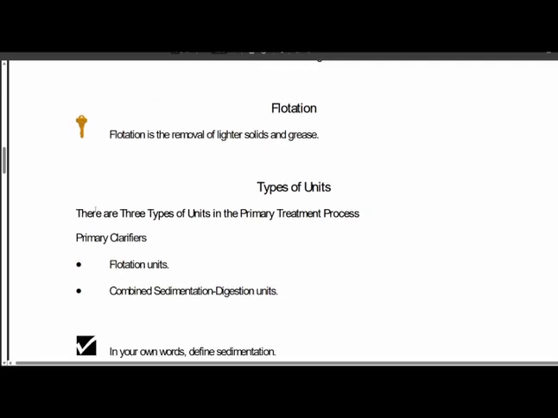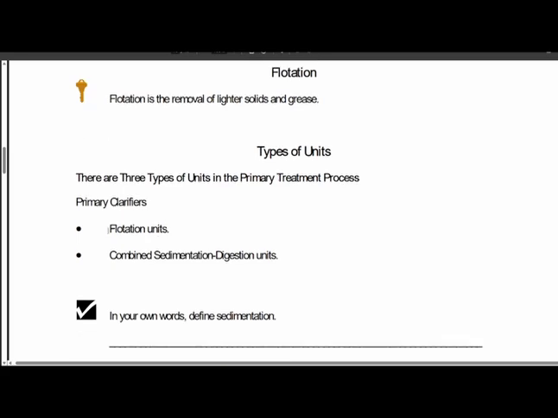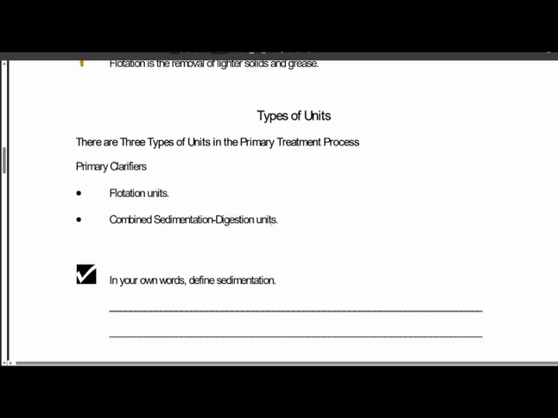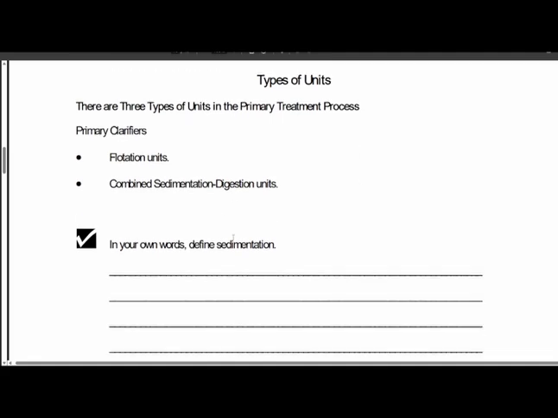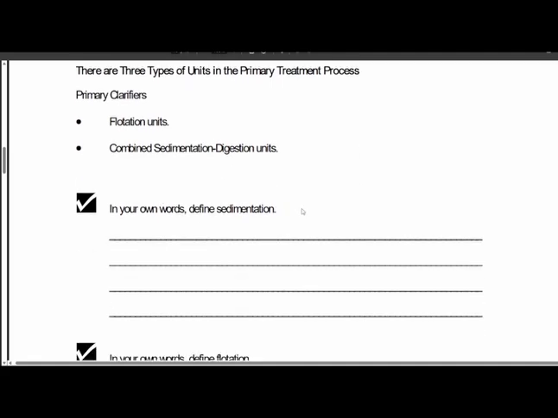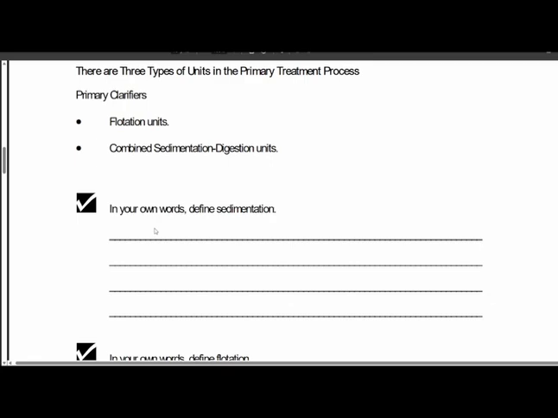Types of units. There are three types of units in the primary treatment process. Primary clarifiers, the flotation units, and combined sedimentation-digestion units. In your own words, define sedimentation. I would say sedimentation is the stuff that sinks down to the bottom, right?